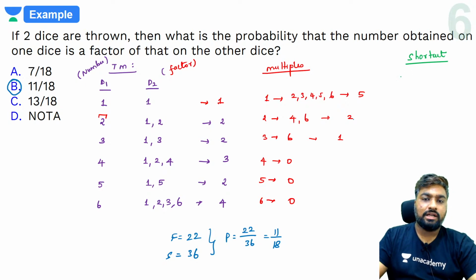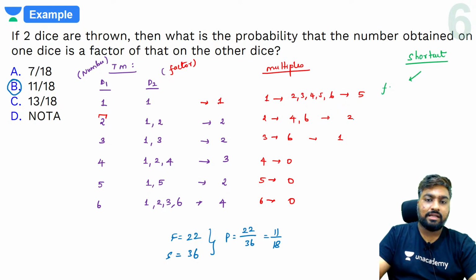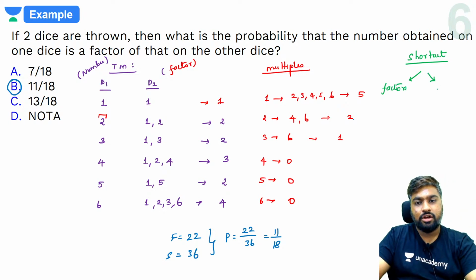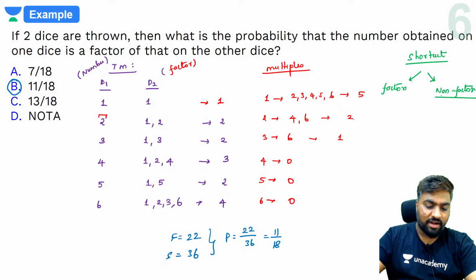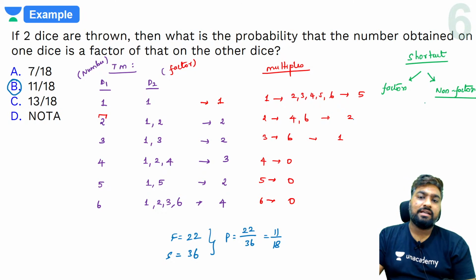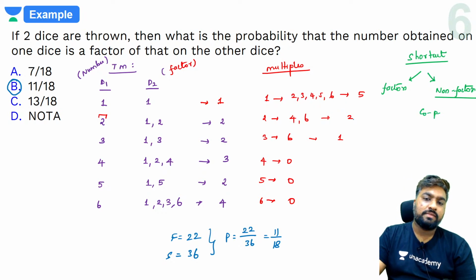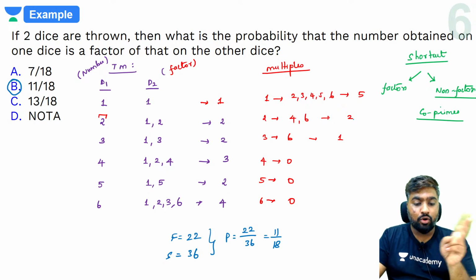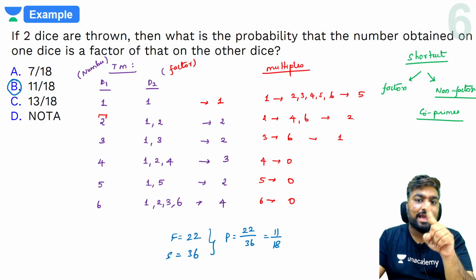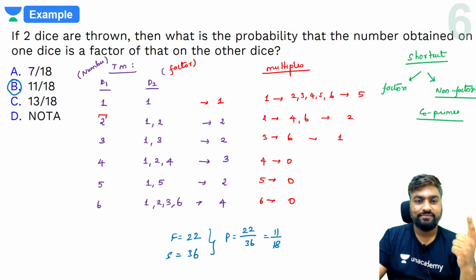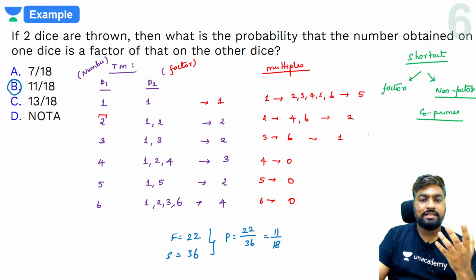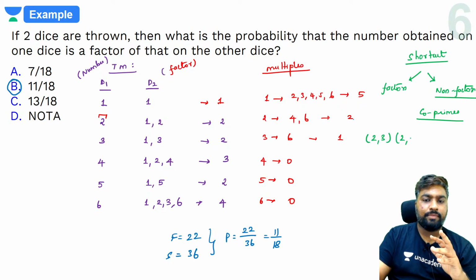We will consider what terms they want, factors of one another. Yes, so what will be the complement of it? Non-factors. Yes, those which have no factors. What do we call non-factor terms? Co-primes. Correct. Co-primes are numbers whose HCF is 1, and whose LCM is their product. Remembering? Yes. So 1 is not co-prime with anything, 2 is co-prime with 3, 2 is co-prime with 5.